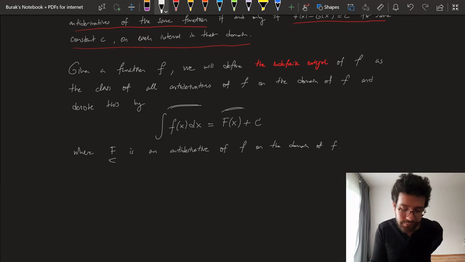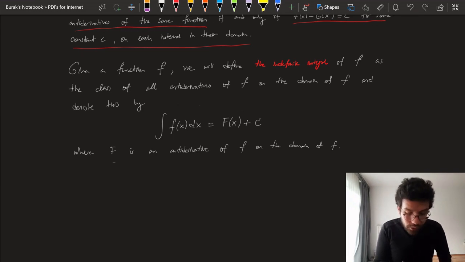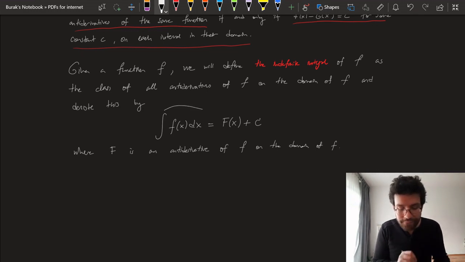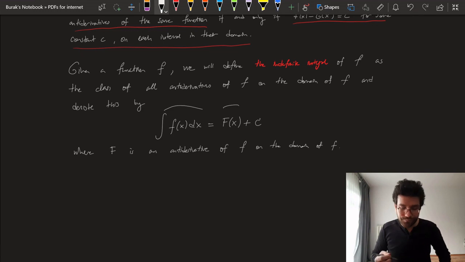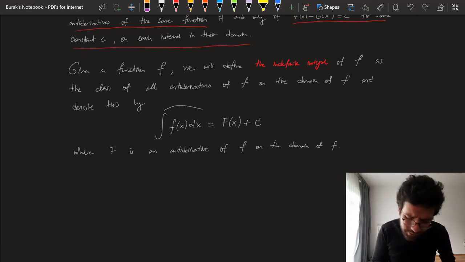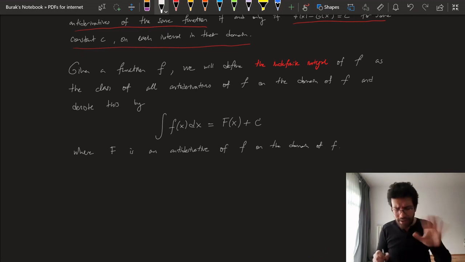This big F is an antiderivative of this one. Or you can also interpret it like this. This is the set of functions which are of this form. You get a big F, and then you just add constants to this function to get all the other antiderivatives. But you have to be careful about some minor points, which I should mention.